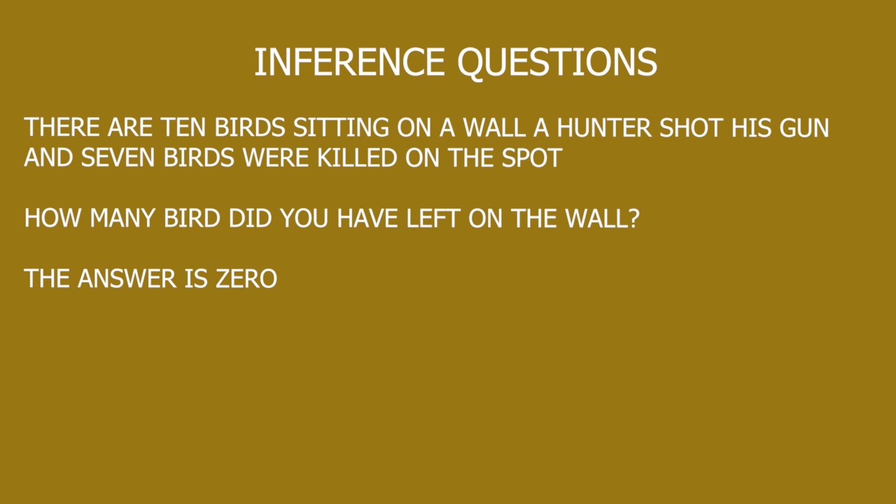By a normal answer, you will say 3. By inference answer, no birds will remain on the wall because the 3 that survive would have flown away. The answer is 0. That is an inference answer.